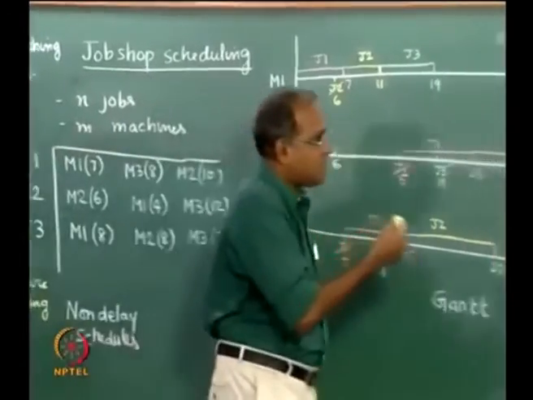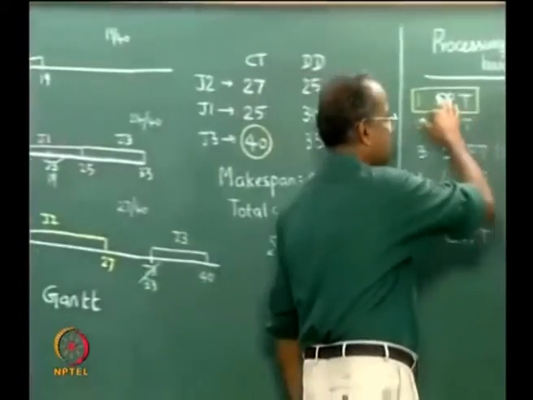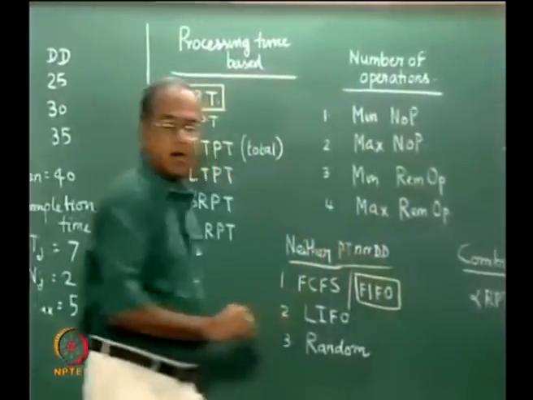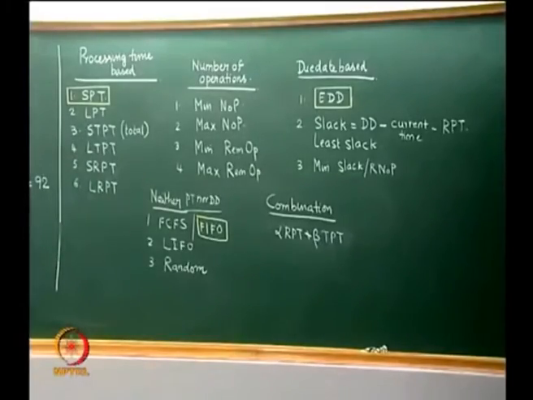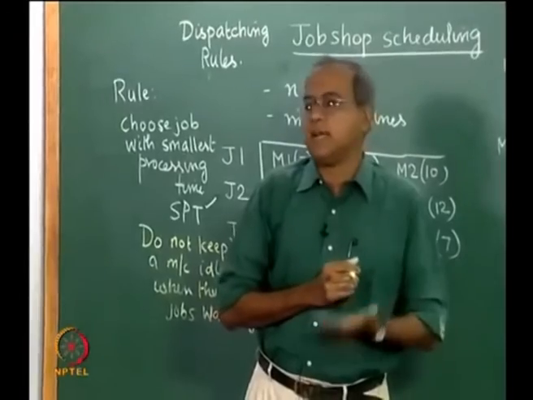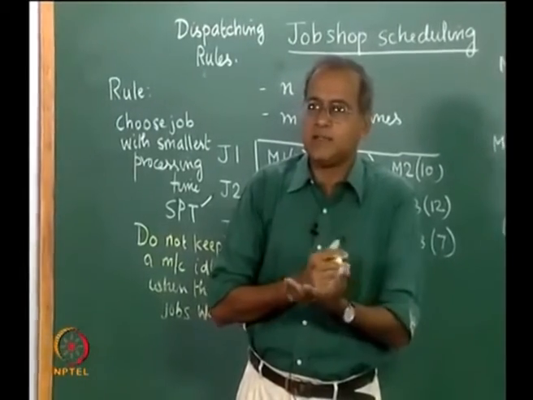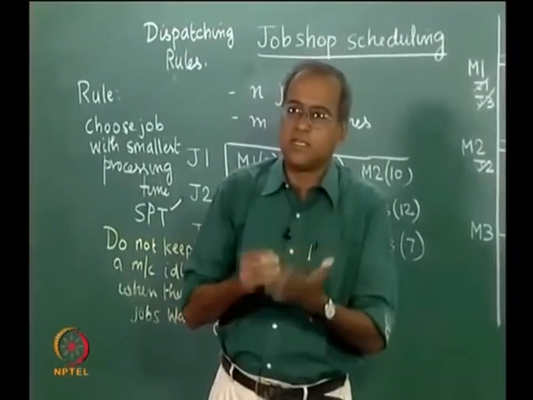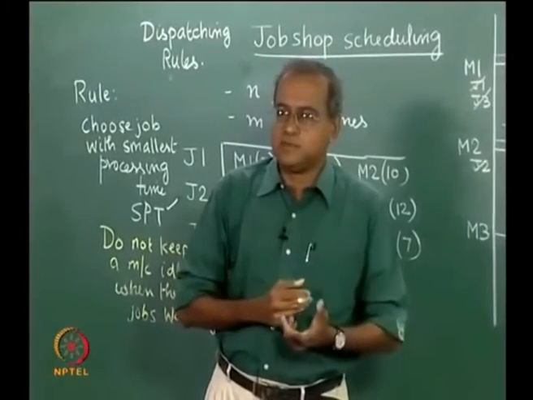So, when we use very common rules like SPT or EDD or first in first out, the Gantt chart becomes usable and anyone can understand the Gantt chart and appreciate the consistency with what is actually happening in practice.